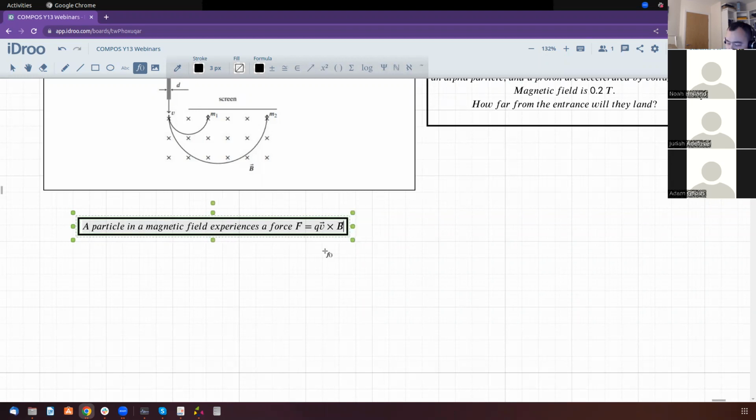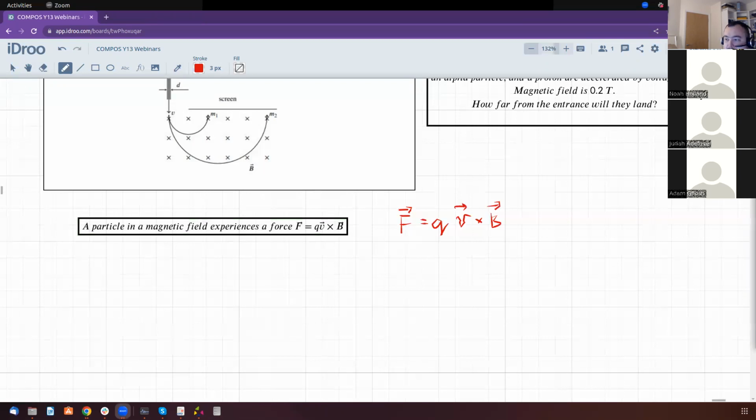Okay, so I'll just rewrite it because I don't like the arrows. So vector F is equal to Q V times B. So it's a cross product. Yes, so that's what I want to say. The force on a particle is the cross product.